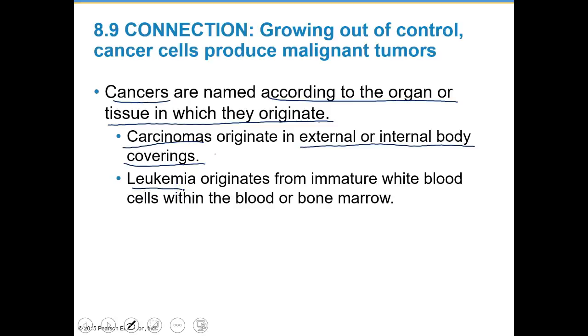Leukemia originates from immature white blood cells within the blood or bone marrow. So as a connection, and to investigate a little bit further, I'd like you to find maybe 2 other types of cancers, give more of their scientific name other than carcinoma and leukemia.